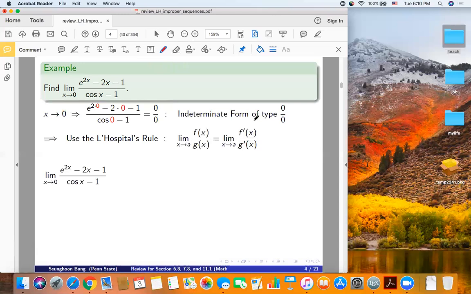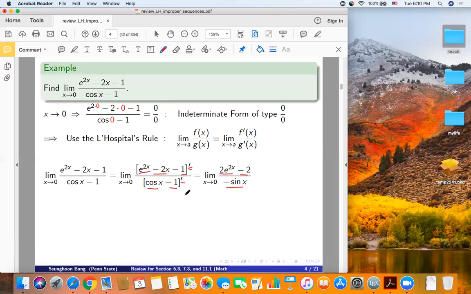So like this. Here, take the derivative of top and bottom. So what's that? We have e to the 2x prime, we can use the chain rule: 2 times e to the 2x. Negative 2x prime is negative 2. The 1 prime is 0. Here, cosine prime is negative sine, and negative 1 prime is 0.